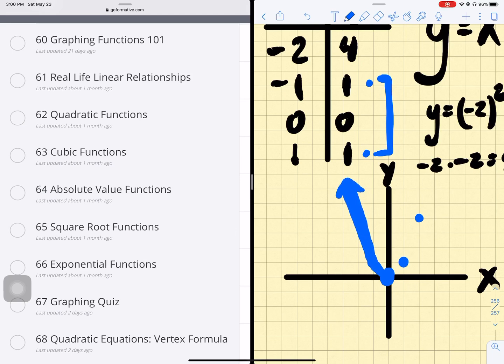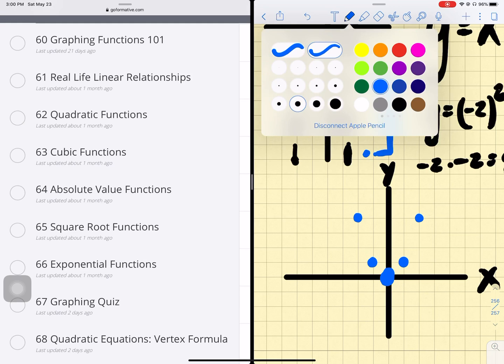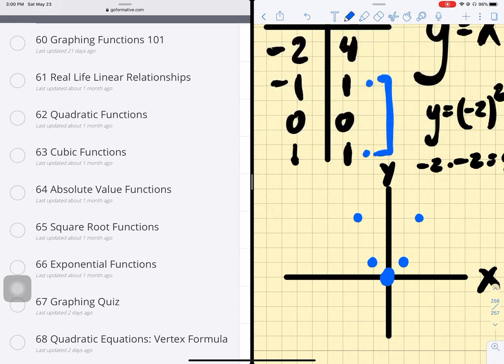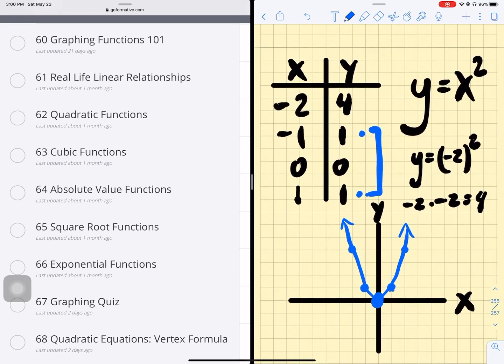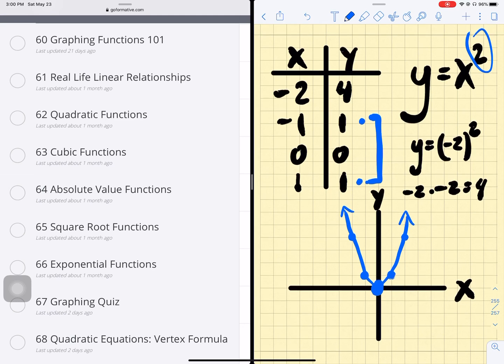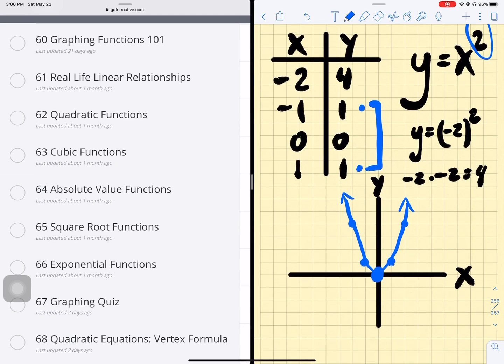Okay. And I'll make it a little smaller so you can see. So it'll look like this, right? And then this is going to look like this. And that makes a parabola. So anytime you do a squared, if you see a squared here or something like that, you're going to make a parabola.